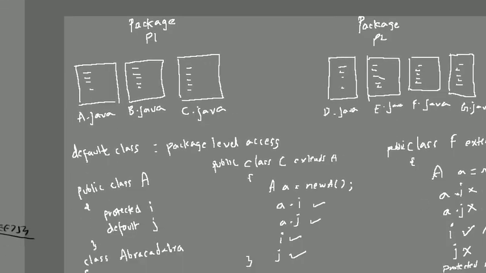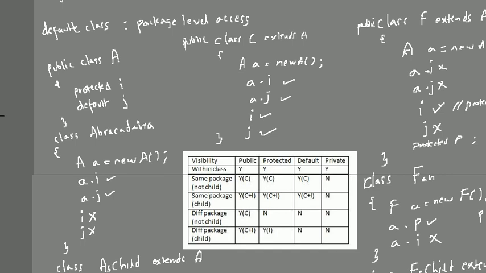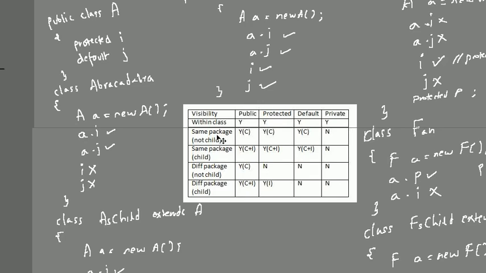Let's take a look at access modifiers. Within a class, you can access all variables declared with any one of these four access modifiers. Now the same package, but not a child.